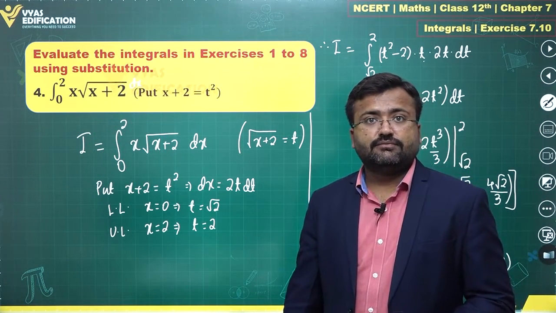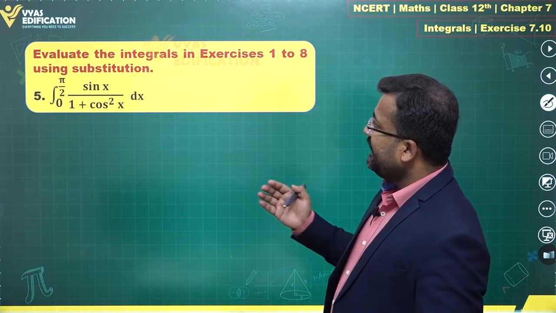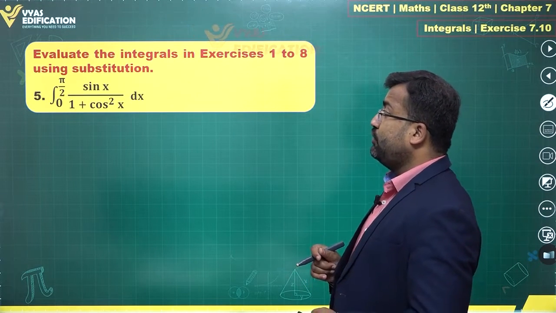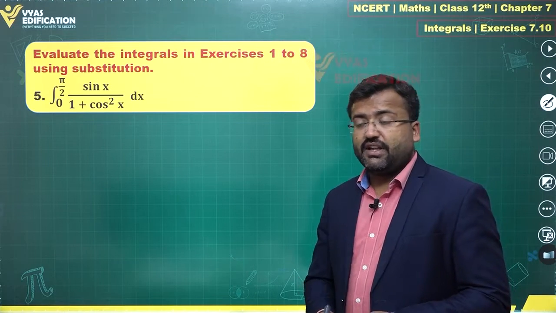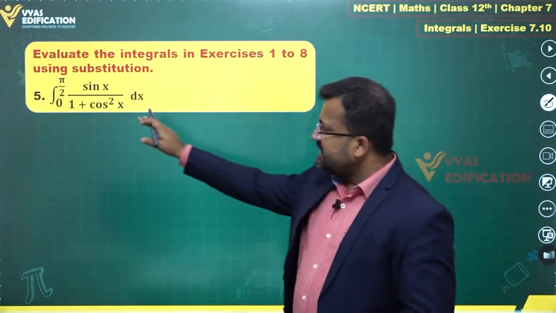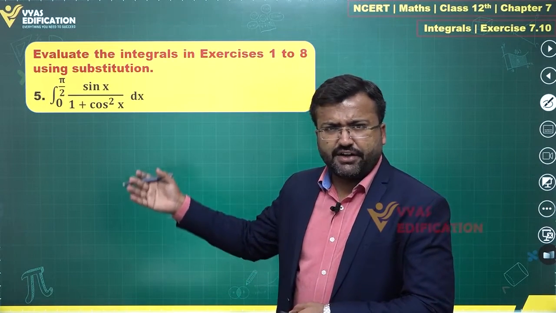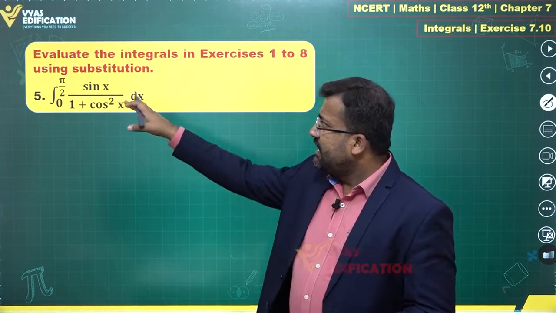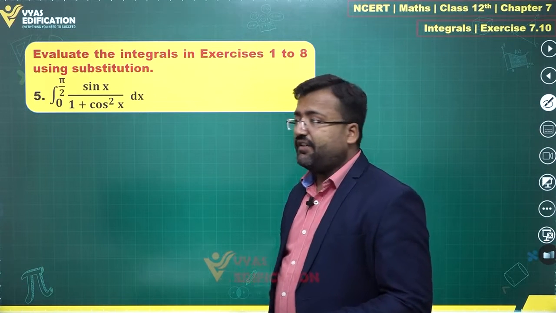Question number 5 says, evaluate the integral 0 to pi by 2 sin x upon 1 plus cos square x. How do we do that? So this cos x in the denominator can be substituted in terms of some other variable. Sin x dx will be the derivative of that cos x.